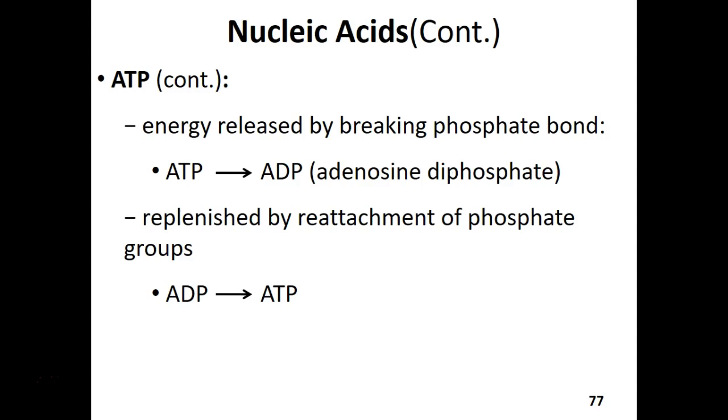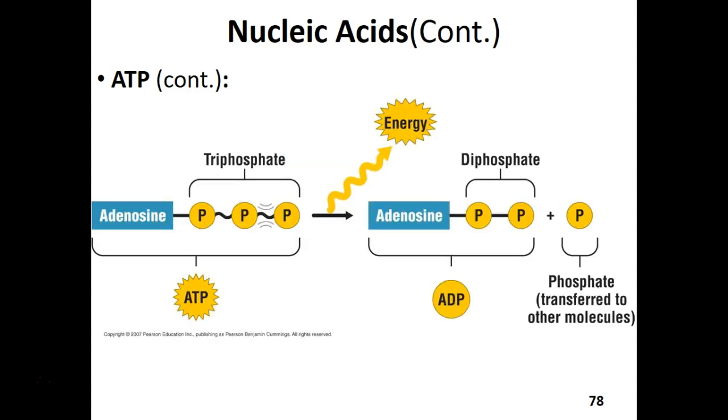Then we can always add a phosphate to the ADP, producing adenosine triphosphate, or ATP, again, when we want to make more energy. So here we have ATP, a high-energy chemical bond. We break that bond, producing ADP plus the phosphate, and energy is released.